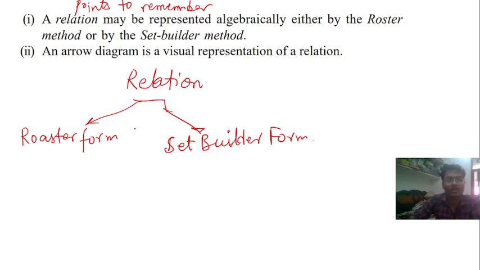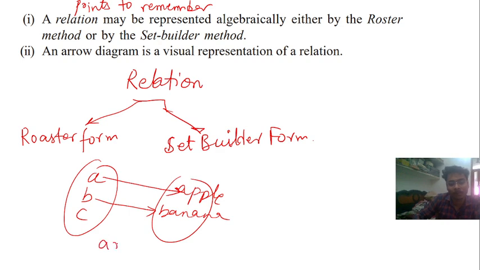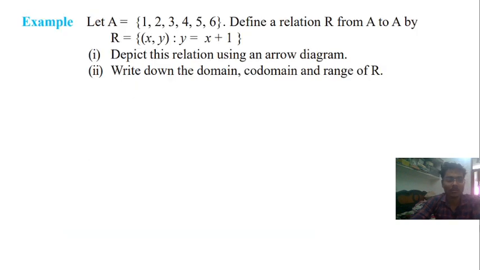Arrow diagram is the visual representation of the relation, with direction arrows. This is set A, this is set B, so this is the arrow diagram of the set.